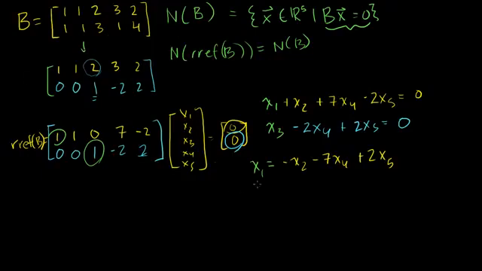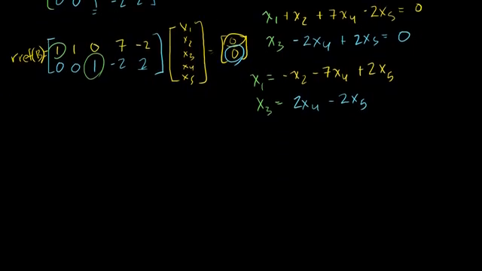And I get x3 is equal to, we've done this multiple times, 2x4 minus 2x5. And so if I wanted to write the solution set in vector form, I could write my null space, all the possible x's, x1, x2, x3, x4, x5. This is my vector x that's in R5.